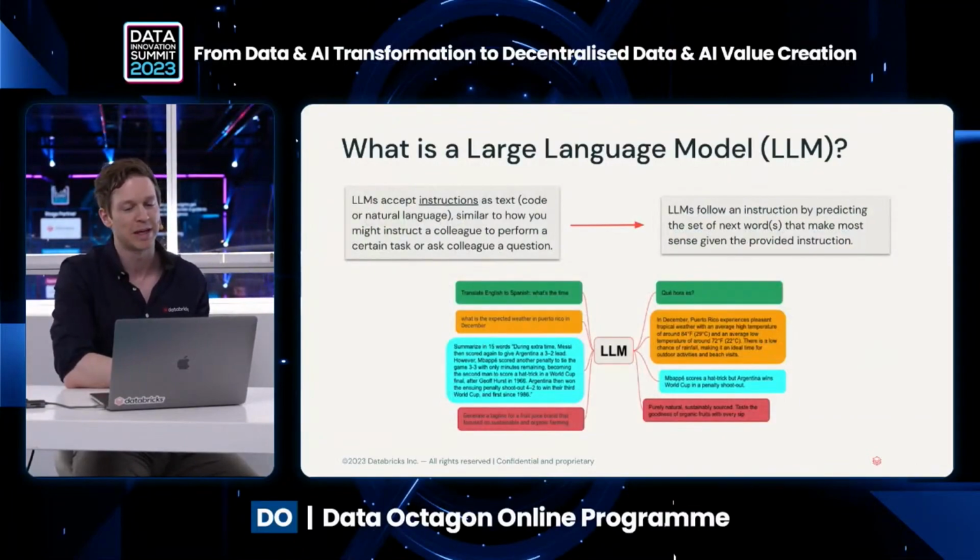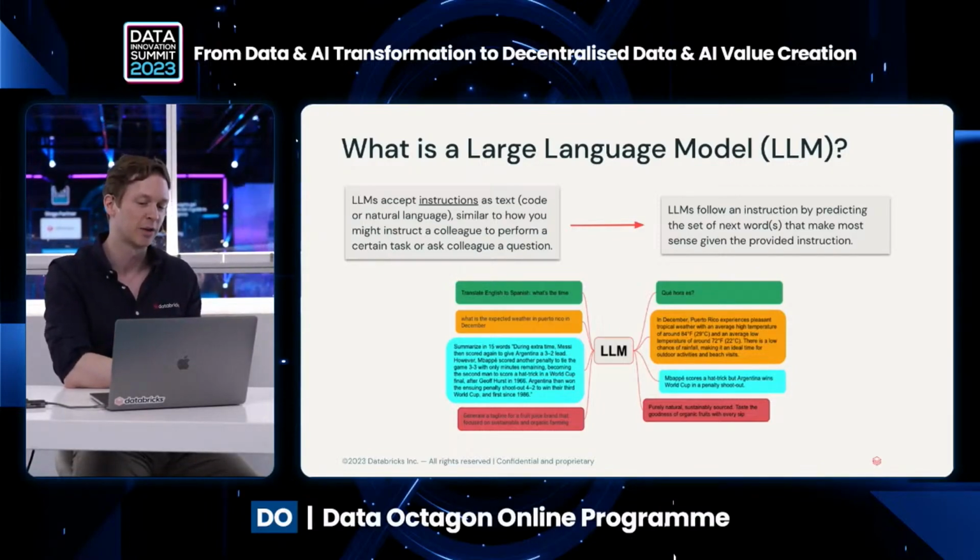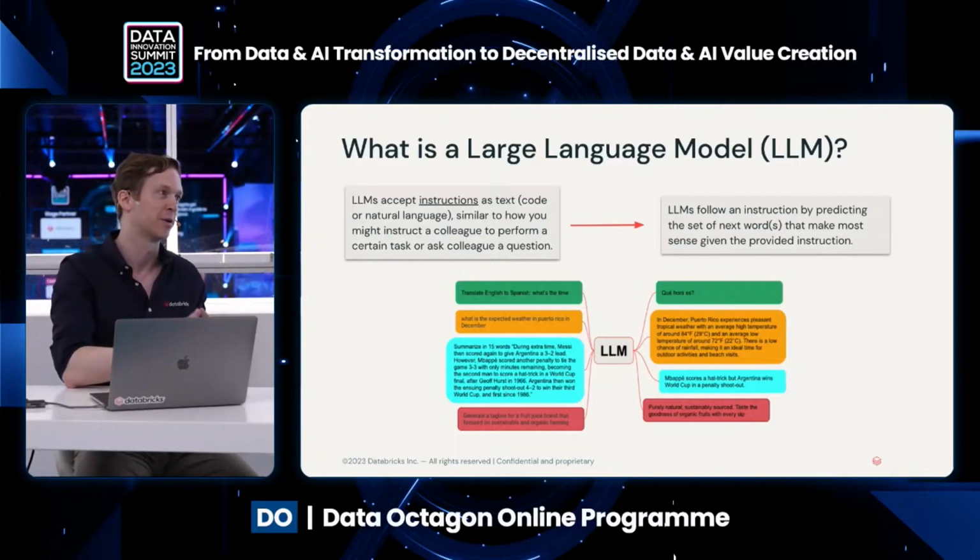So first, what is a large language model? A bit of a recap. There are different ways of how they operate. You can use them, for example, for translating, for summarizing, etc. What makes them so interesting is that you can train them on text, and there's just so much. I mean, we are working with text so much, right? So there's so much information out there that you can use to train them.